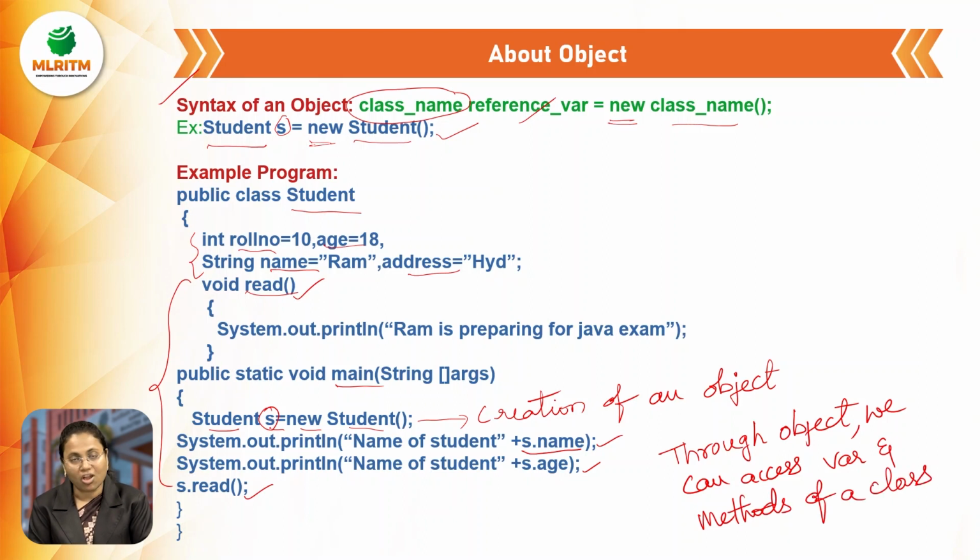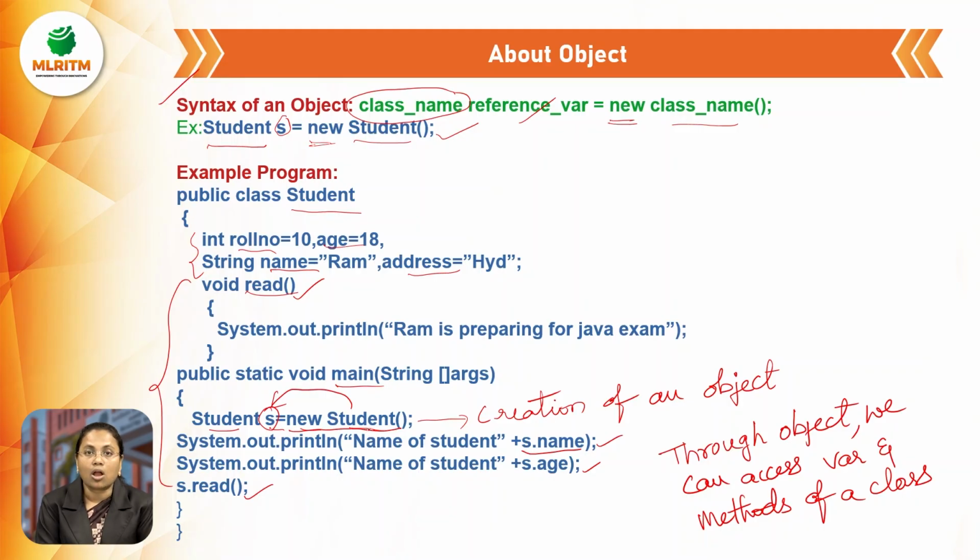Without an object, we cannot access the variables and methods of a class, right? So here, what is S? S is the reference variable. Inside of this reference variable, what is stored? The student object is stored inside this reference variable.